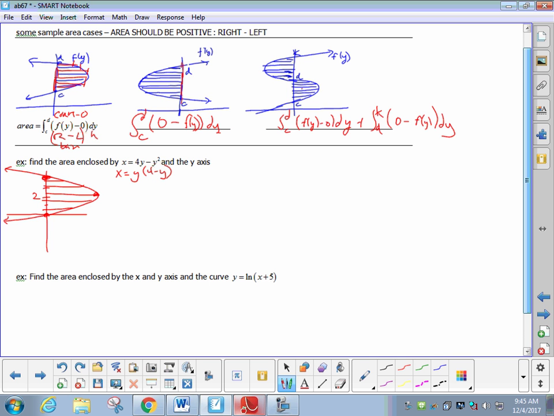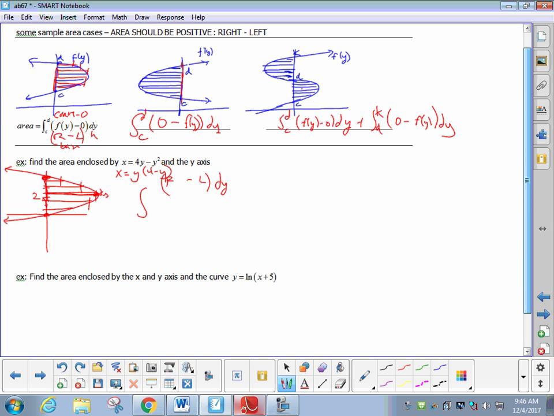areas. The bases of all those rectangles are horizontal distances, so to make those positive, I'm going to go right minus left. The right is the curve, and the left is the axis, and because they're horizontally oriented rectangles, I'm going to use dy as the height.